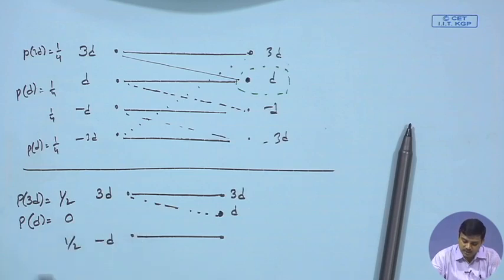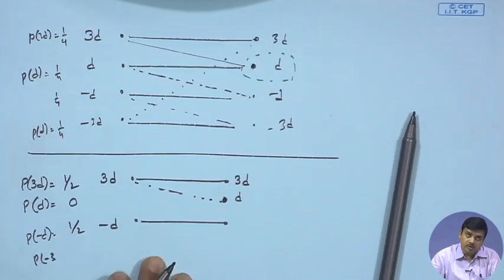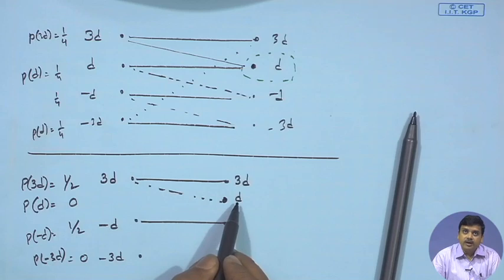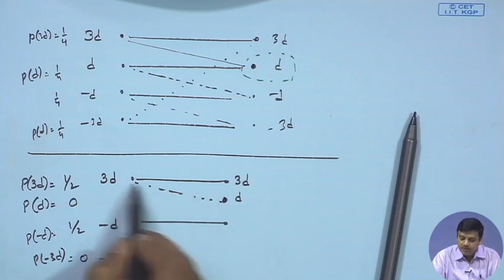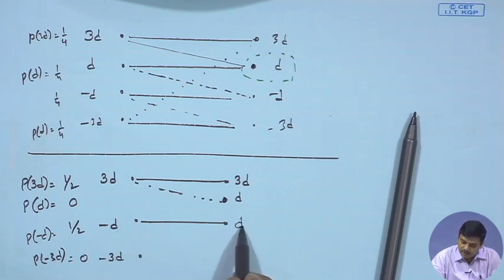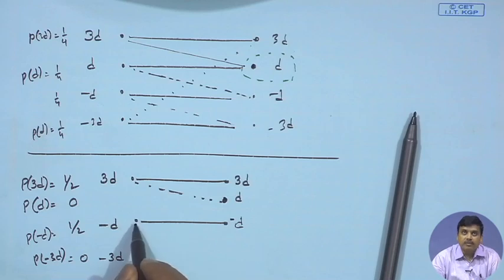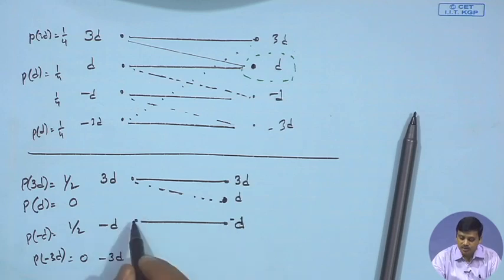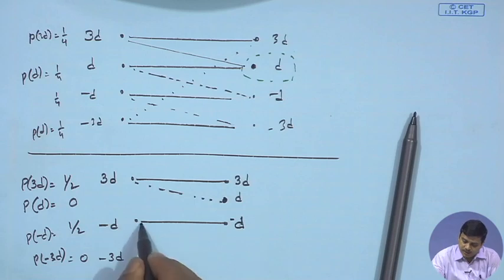So the probability of D is 0, the probability of minus D is half, and the probability of minus 3D is again 0. Now 3D sent will be received as 3D or D, so if I receive D, I am sure that 3D has been sent. When it receives minus D, it is because minus D has been sent, since D is not sent and D could also become minus D. Similarly, minus D could become minus 3D.